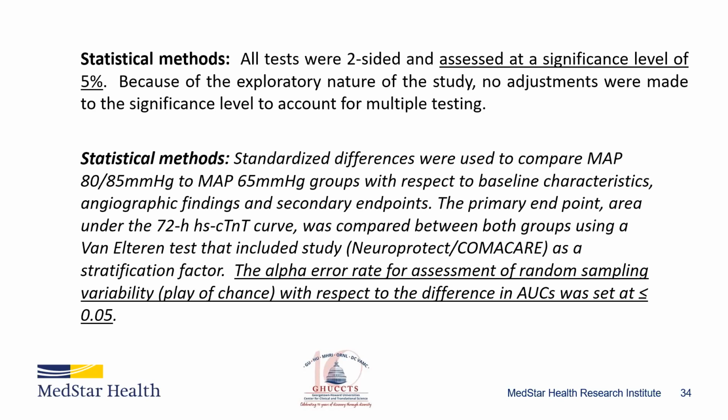And so instead of just saying our p-value was less than 0.05, we could say something like the alpha error rate for assessment of random sampling variability with respect to the difference was set at 0.05 or 5%. So it's just sort of recognizing what a p-value means, that we're talking about whether we can reject the null hypothesis based on chance or random sampling variability or not.